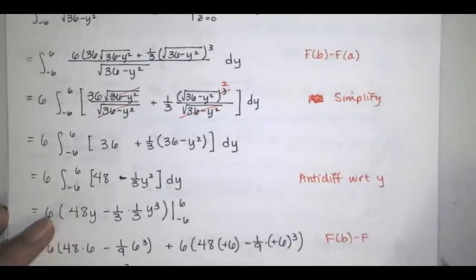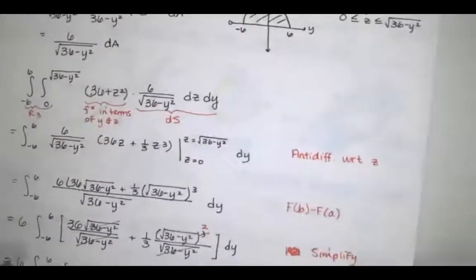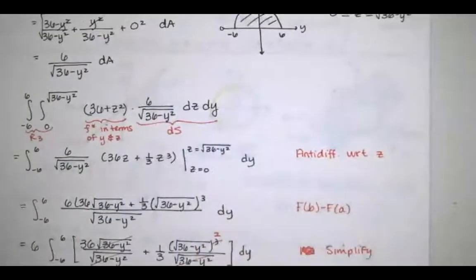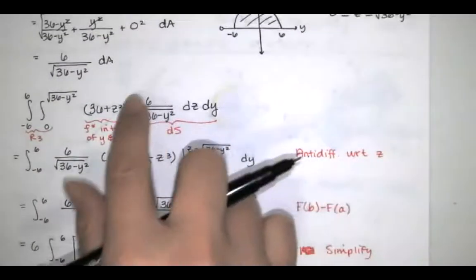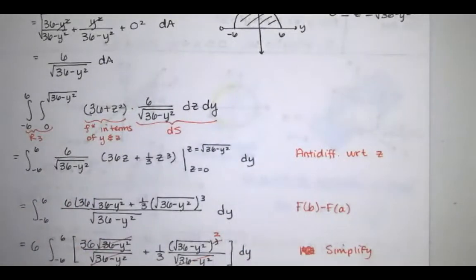Now we could have just as easily projected onto the xz plane instead of the yz plane, but I think the arithmetic is actually easier in the yz plane because we had that semicircle and the surface area piece kind of looked like this. When the surface area piece looks like this and we're in the xz plane, it's very similar to that.